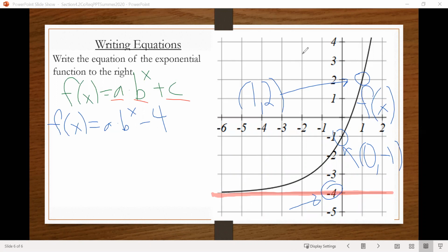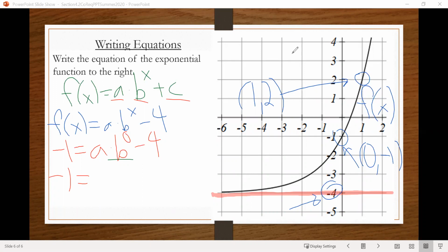So I'm going to start with (0, -1). From that, I see that my output value is -1 when my input value is 0. So it'll give me -1 equals a times b to the 0 minus 4.